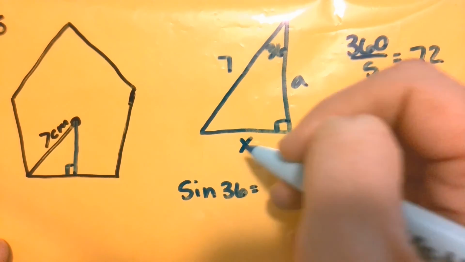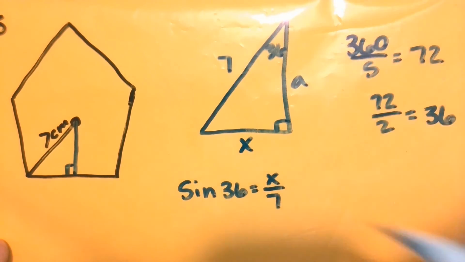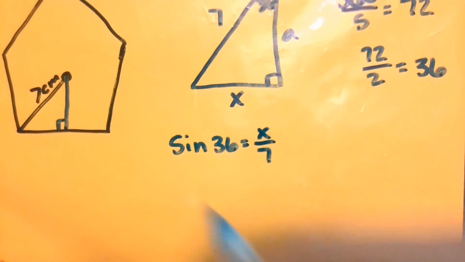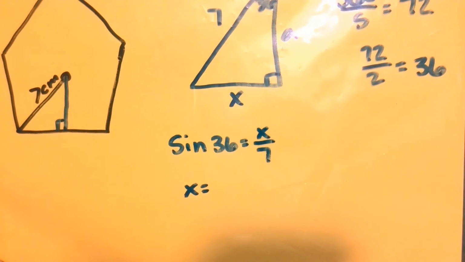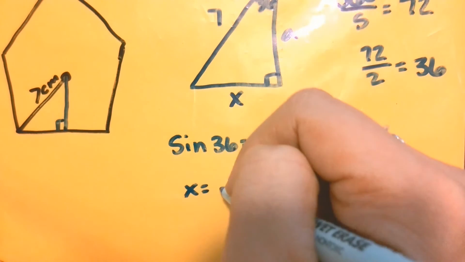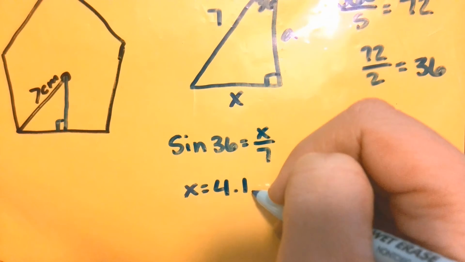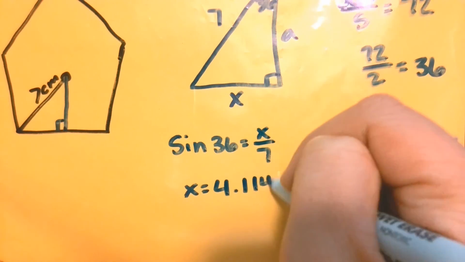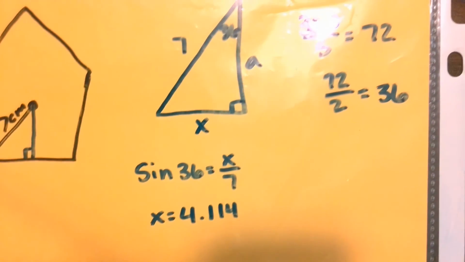We've got the sine of 36 equals x over 7. So then just multiplying both sides by 7, you should get about 4.114. About 3 decimal places.